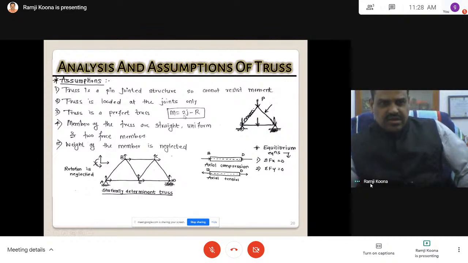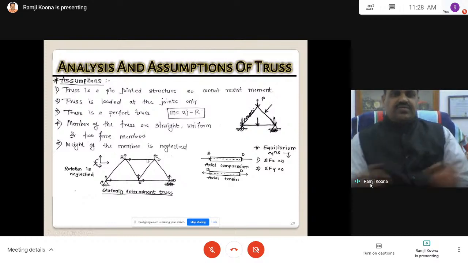Total R is 3. Number of joints: 1, 2, 3, 4, 5. 2 into 5 is 10, 10 minus 3 is 7. The right hand side is 7. Let us see the left hand side: 1, 2, 3, 4, 5, 6, 7 members. That is why it is a perfect truss.